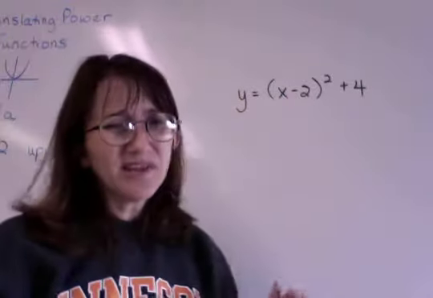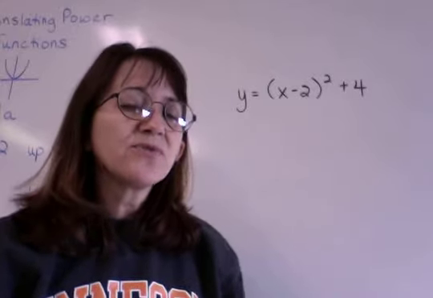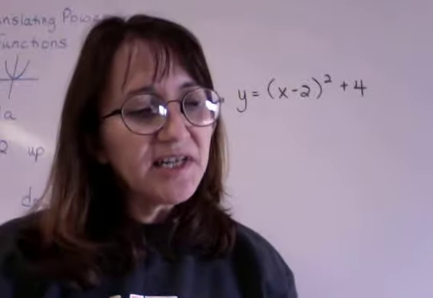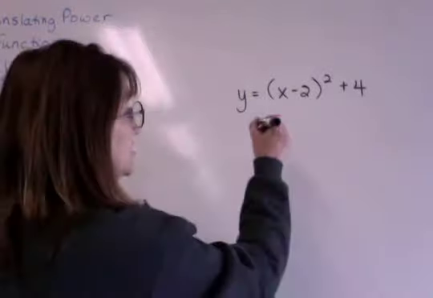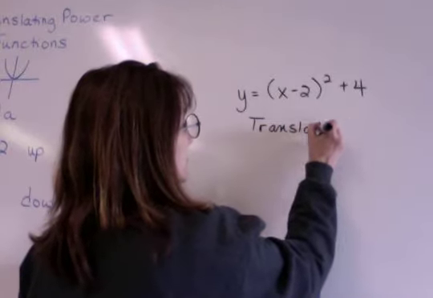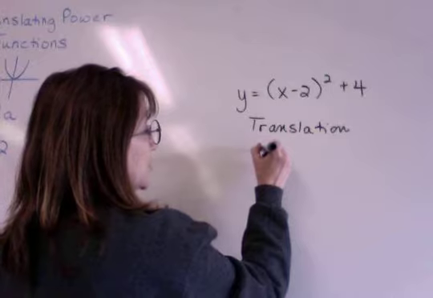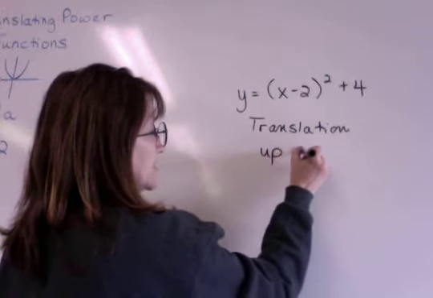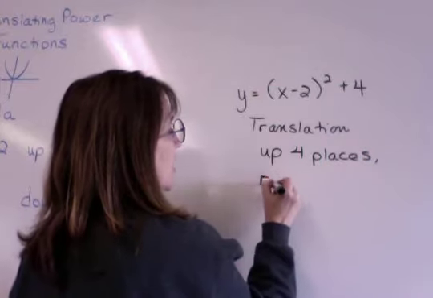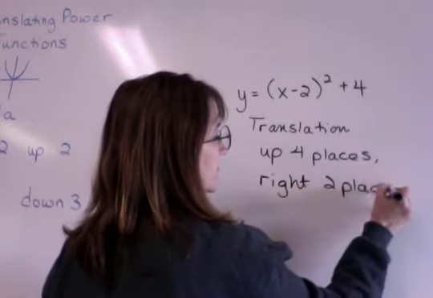This is also telling me what the vertex of my parabola is. If it's asking for the translation, I would write out, okay, it is moving up 4 places, and it's shifting to the right 2 places.